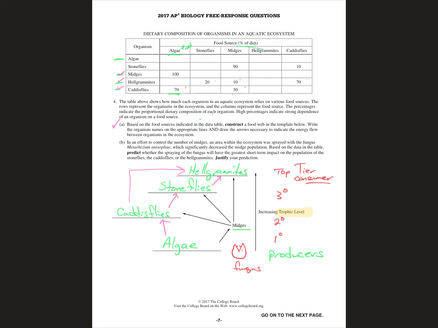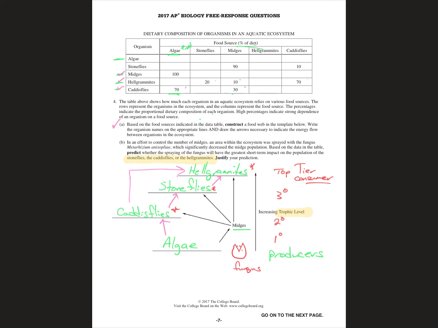Well, which of these would this fungus impact in the short term, of these that they listed? They listed stoneflies, caddisflies, and helgrammites, those three. So of these three, which is going to have the greatest short-term impact?